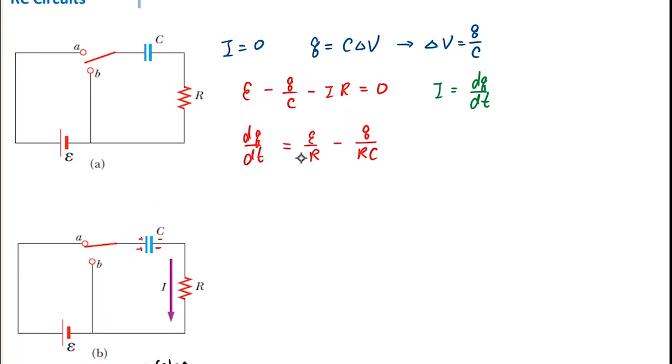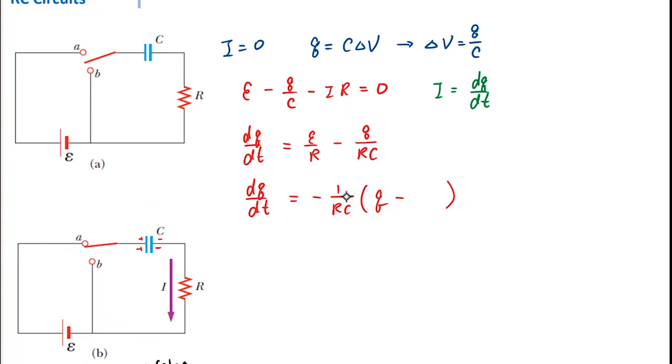Do you remember from chapter 6 how I taught you to solve this separable differential equation? The key is to factor this thing out. Then you have Q. That's easier to separate.